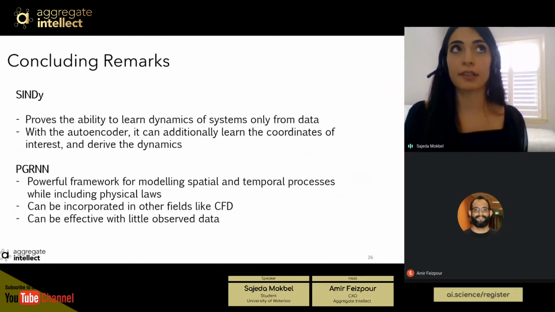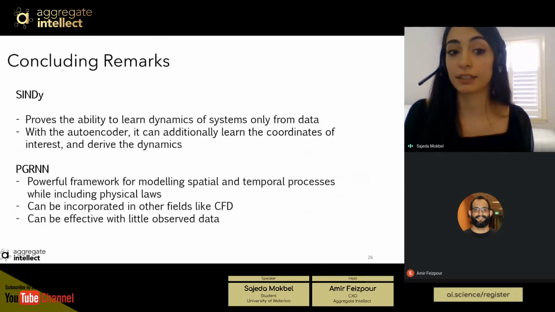So instead of this energy conservation penalty, you can adjust it for whatever conservation law interests you, so maybe conservation of mass. And it is effective with very little observed data, especially with pre-training from the simulated data. So I think that they all have pretty good results. And yeah, that concludes my presentation.